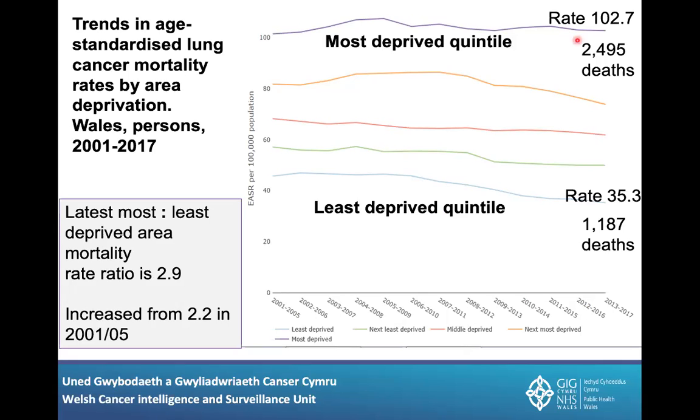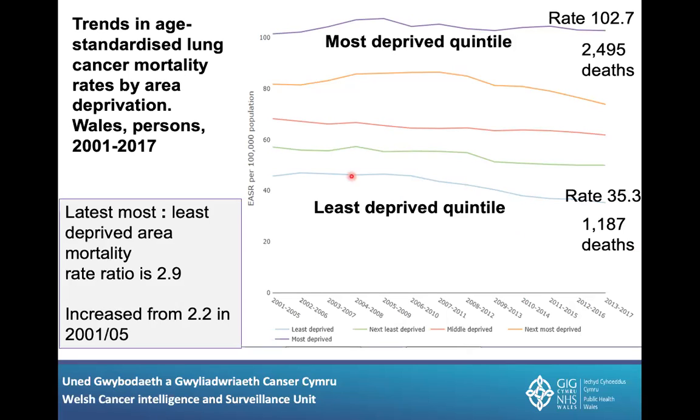And you can see that the most deprived quintile has this mortality rate here, and this is the mortality rate of the least deprived quintile in Wales. So this rate is about 3 times that in the most affluent areas, with about half as many deaths, admittedly.